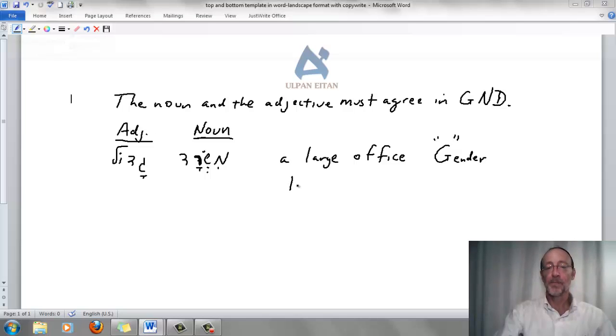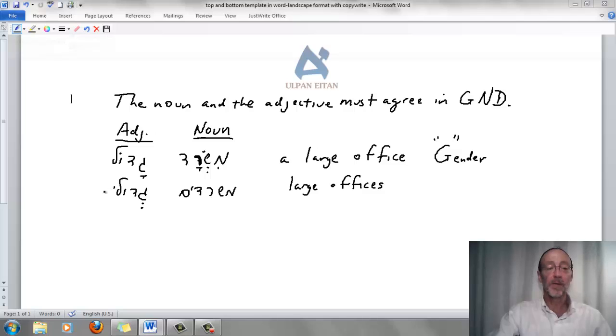What if we want to say large offices? Okay, so it can't be misrad any longer, which is just one singular office. It's got to be misradim. Misradim. And then to have the agreement, the adjective with the noun, the adjective must become gedolim.